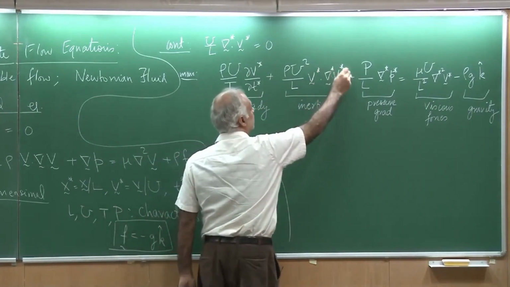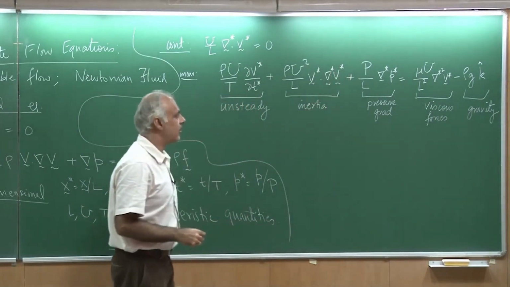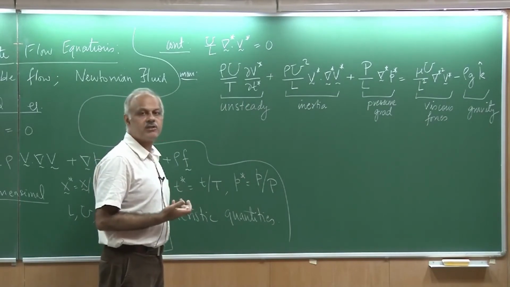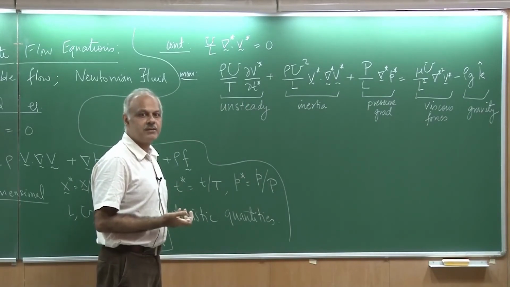Similarly, if I look at V star dot gradient of V star, this term is also of the order of 1 simply because we are using non-dimensional variables.